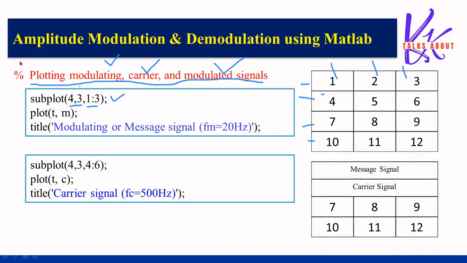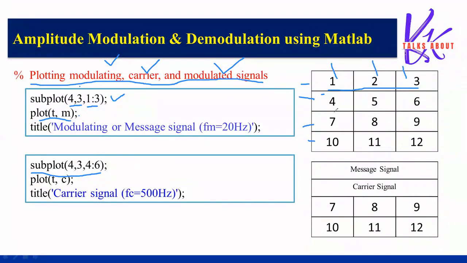In that, we are going to plot t comma m, that is the message signal, in the first row, that is 1, 2, 3. Once the message signal is plotted, I am going for plotting the carrier signal, that is subplot 4 comma 3, 4 to 6.